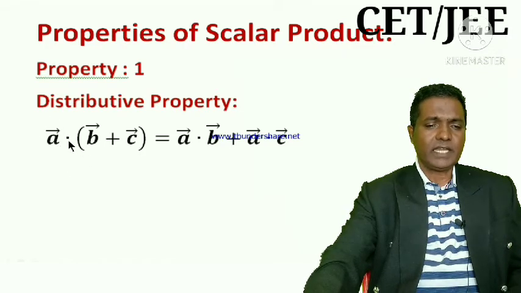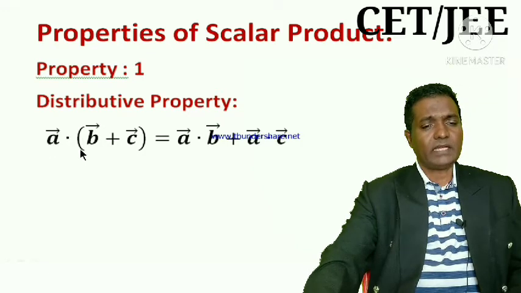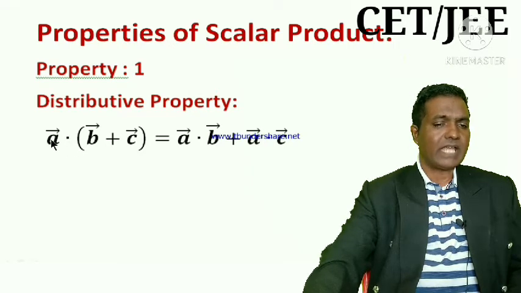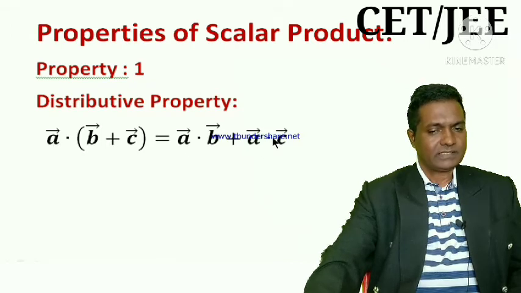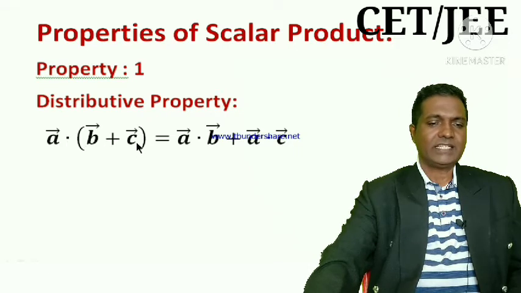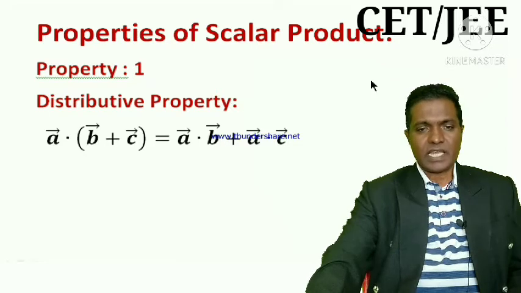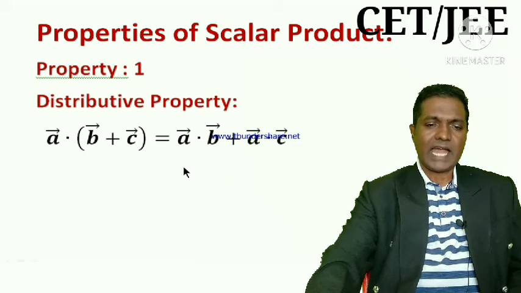Here vector A dot B plus C. There is an addition of two vectors and outside there is a dot with vector A. In such a case, you can distribute this dot product over the addition. Means you can write A dot B plus A dot C. This is called the distributive property of the scalar product over addition.